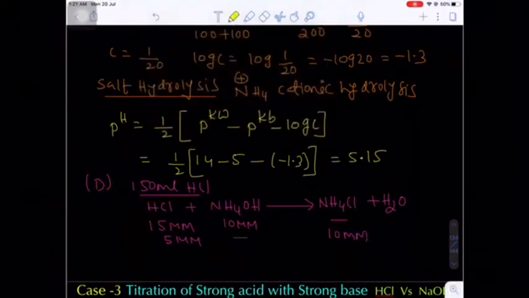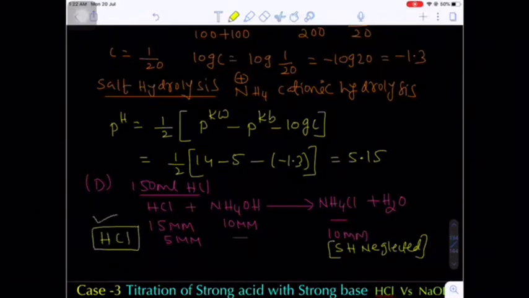So there will be 5 millimoles left in the solution and 10 millimoles of salt will be formed in the solution. Okay. Now the salt hydrolysis will be neglected when compared to the strong acid, that is hydrochloric acid. So we have to consider only the pH due to hydrochloric acid. Are you getting my point?